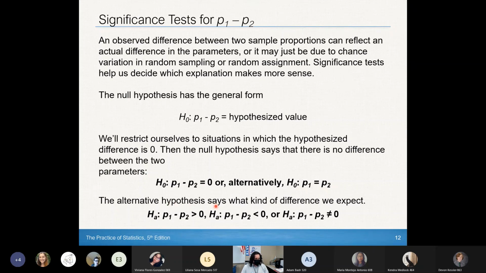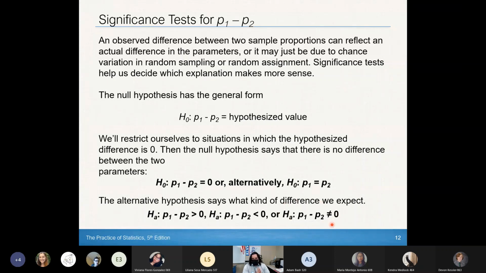The alternative hypothesis says what kind of difference we expect. Either that the difference is greater than 0, the difference is less than 0, or that the difference is just not 0. It might be greater than, it might be less than. That results in the two-sided alternative.